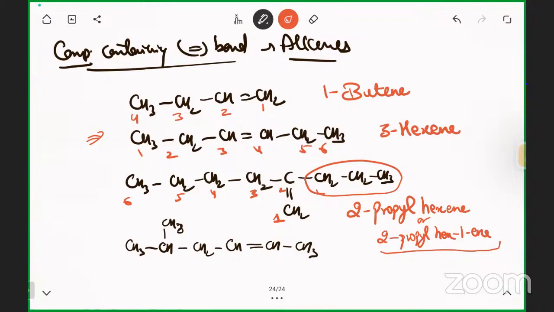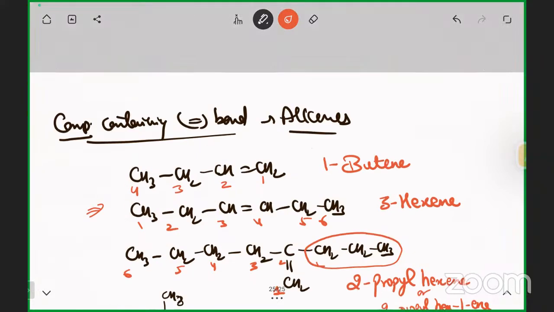But in case of a substituent group like CH3, you'll give priority to the double bond. So numbering should be done from the right side: 1, 2, 3, 4, 5, and 6. On the fifth position, a methyl group is present: 5-methyl. 6 carbons are present, so hex. On the second position, double bond, so 2, then ene. So the name is 5-methylhex-2-ene.